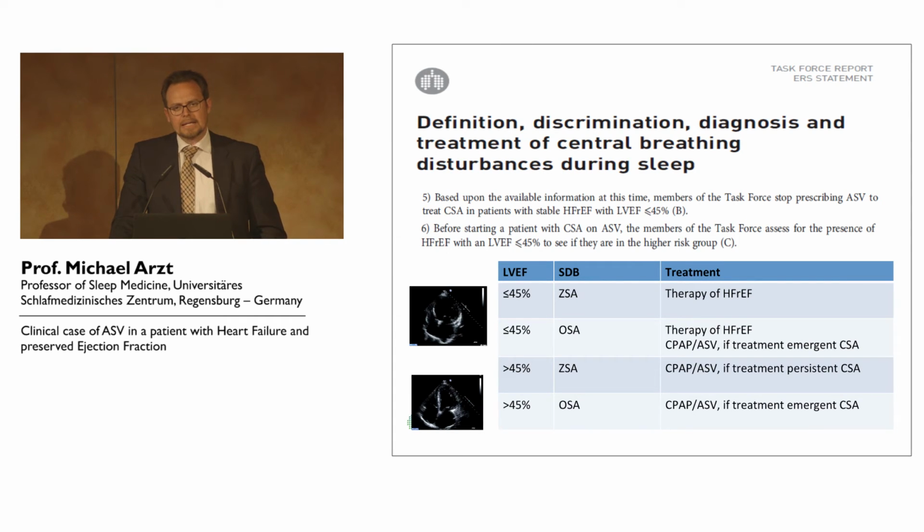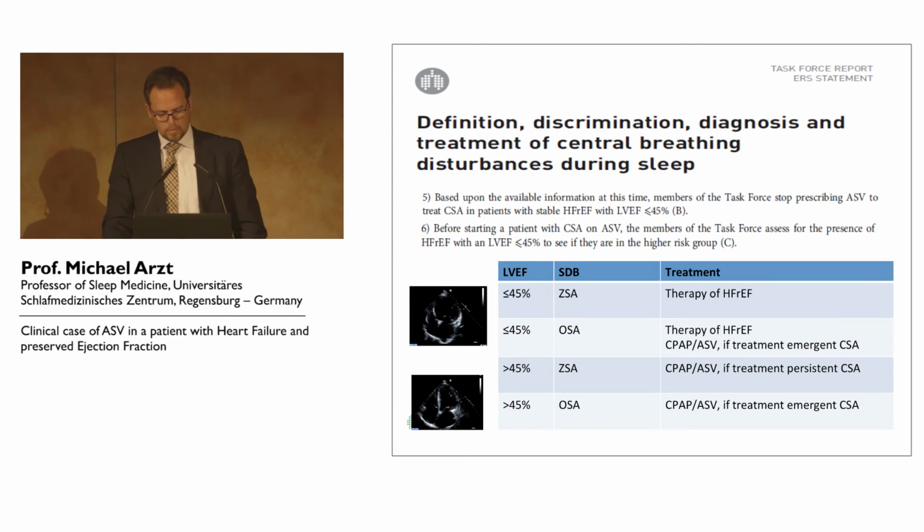Good. And just simple advice how we proceed with our ASV indication. As sleep physicians, we have to adjust that we need echocardiography before we start ASV. And the rules are relatively simple.